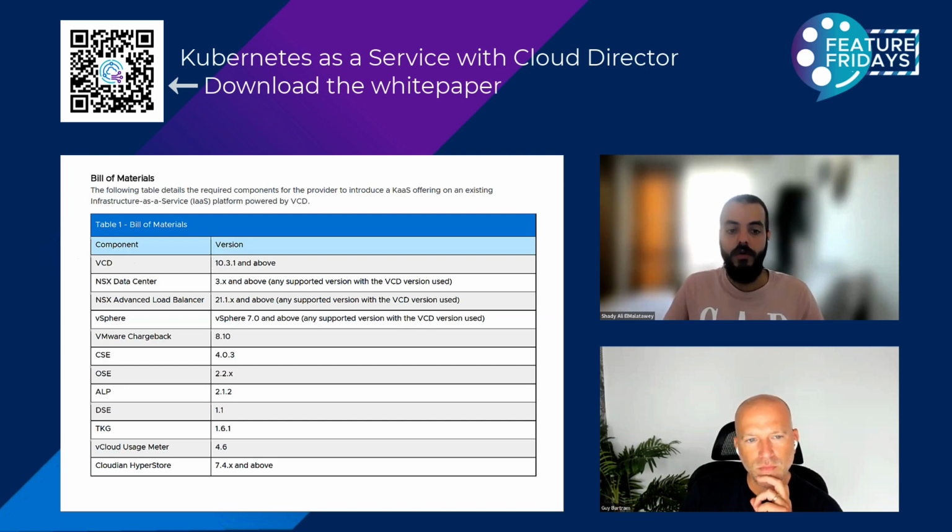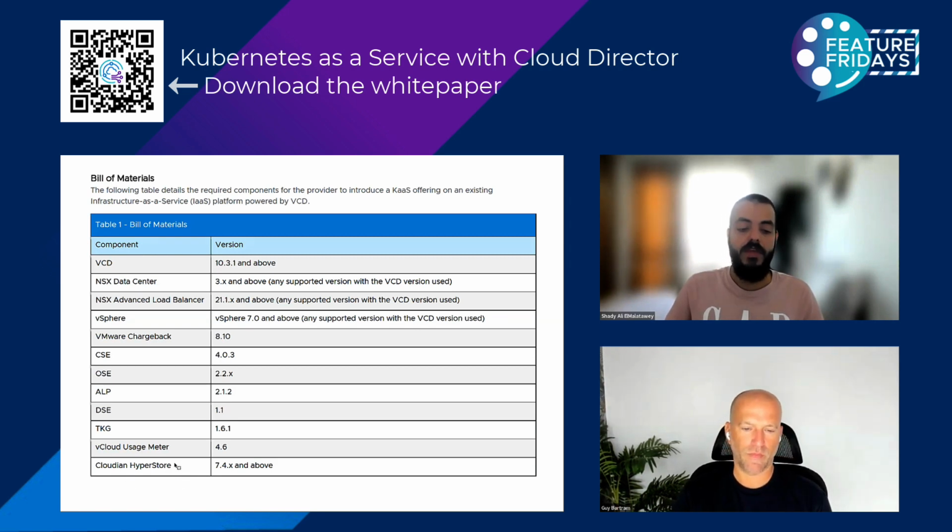So VCD, NSX Advanced Load Balancer version, vSphere, and the other products as well. I'm also assuming in that document that the object storage platform used is Cloudian Hyperstore with Object Storage Extension. So this is the version of the Cloudian Hyperstore.